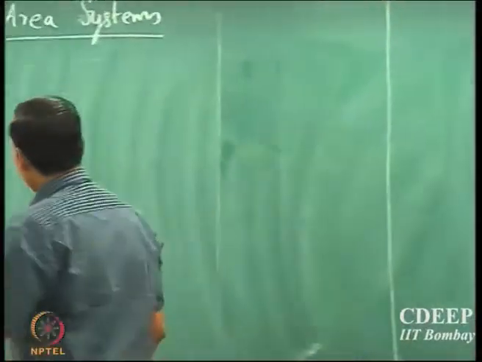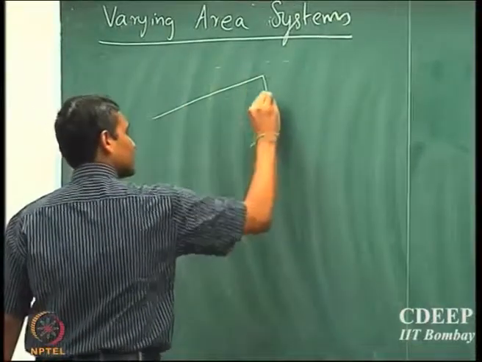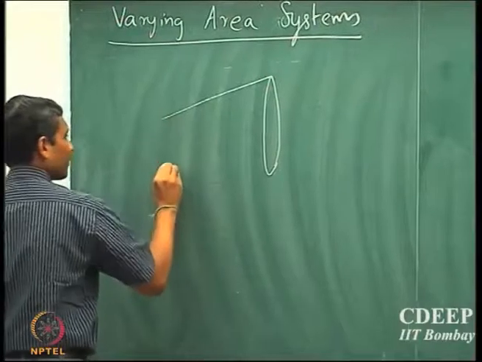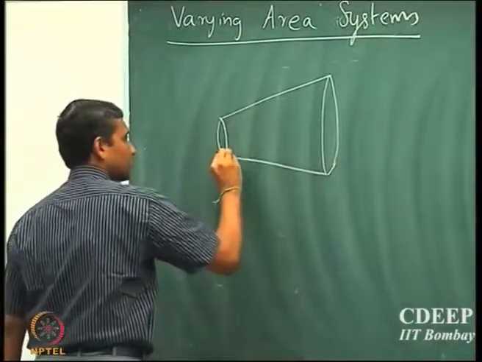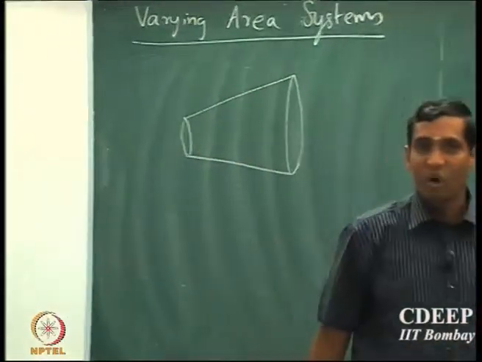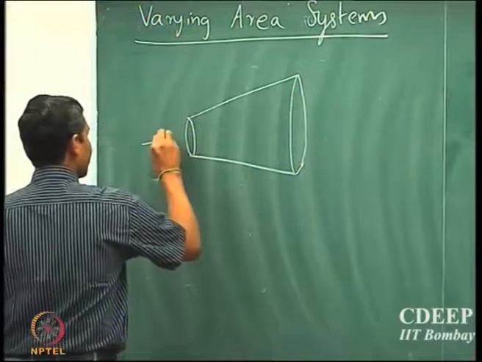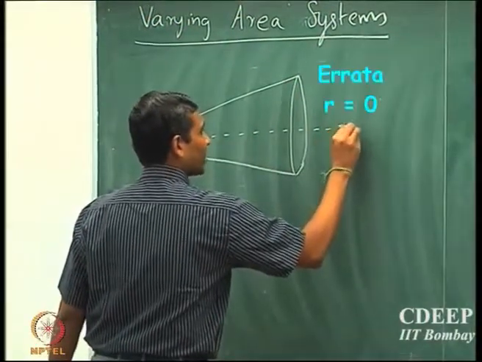Okay. A very simple example would be, supposing I have a truncated cone, okay, and let us say I am looking at, so this is, let us say, at x equal to 0.